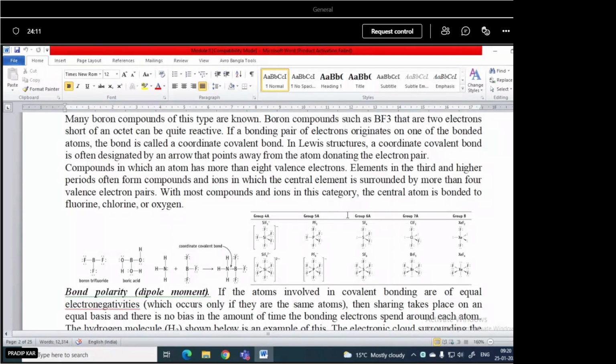Rather, one atom attracts more, and that is why it is having delta negative charge, while the other is having delta positive charge. The meaning is that a little ionic character is introduced into the covalent bond, and that is why we will have the bond polarity.